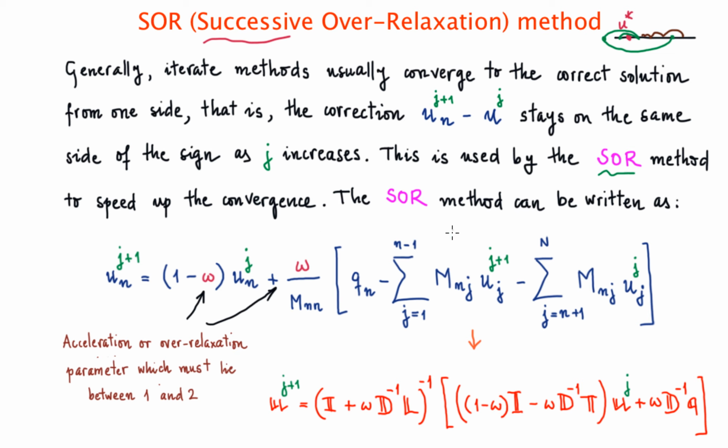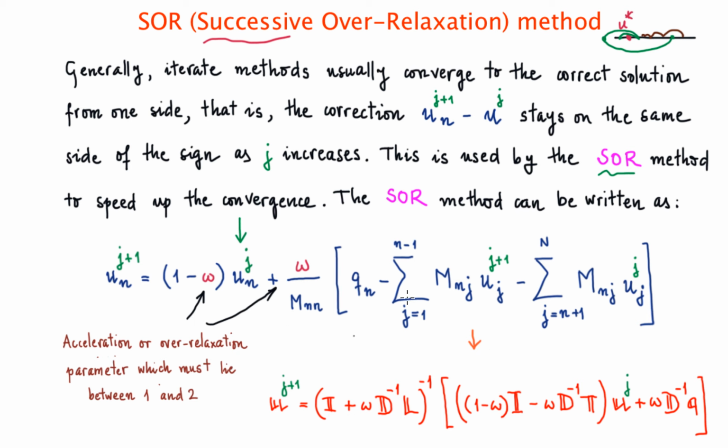And so what is the SOR method doing? Basically, in the SOR method the iteration is calculated in the following way. It is the weighted combination of the U value obtained in the previous iteration and the one which is obtained by the Gauss-Seidel method.